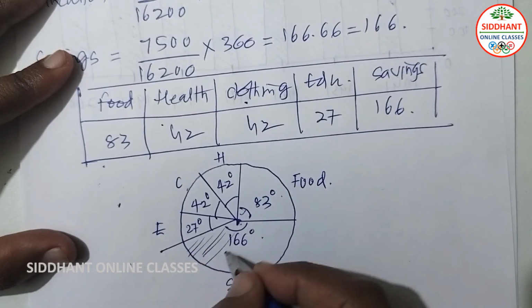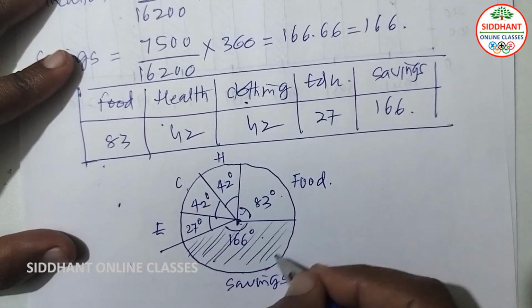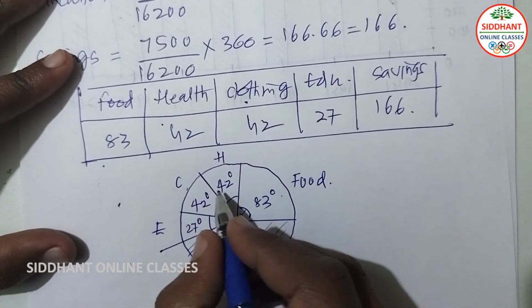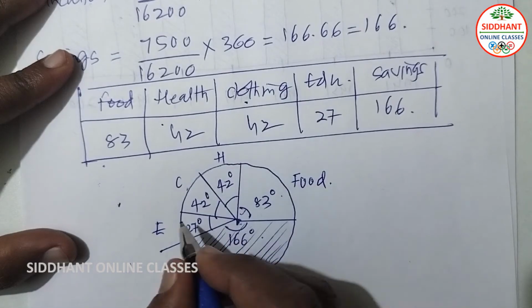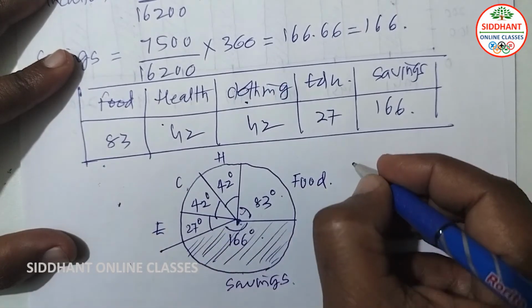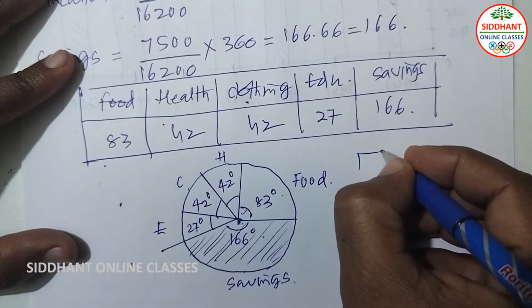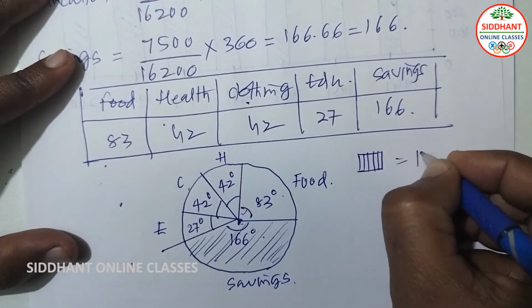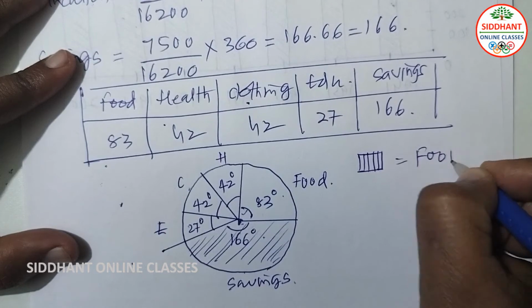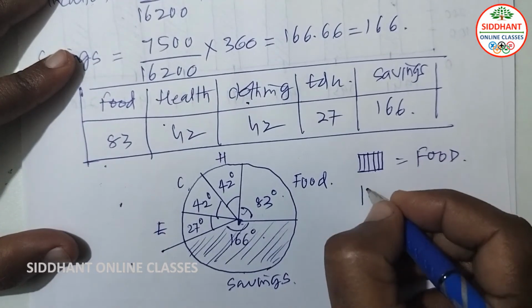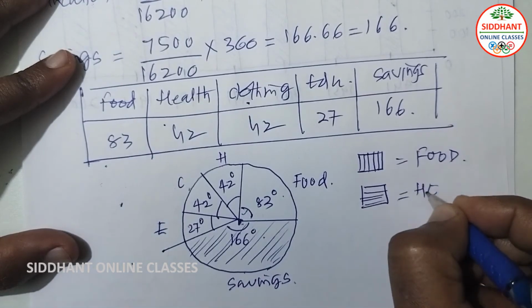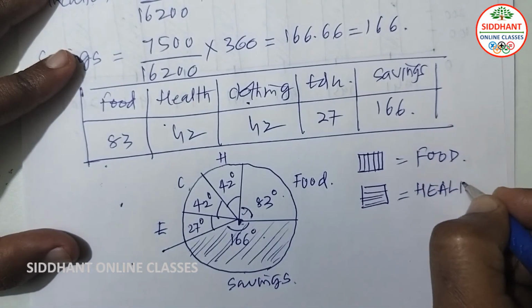So in this way we can shade the observations if required. Vertical form, horizontal form, any other patterns you can select and keep the pattern here, like vertical means food, horizontal means health.